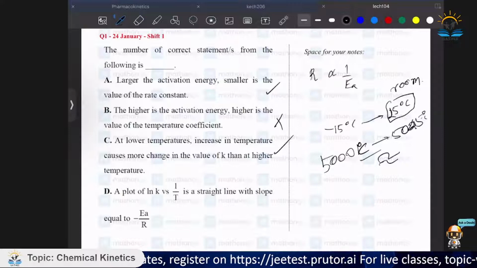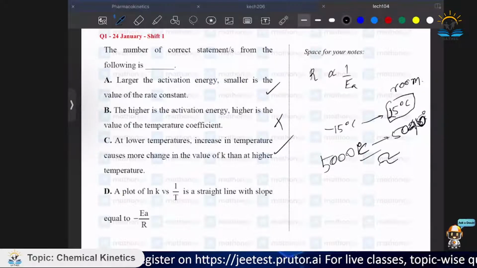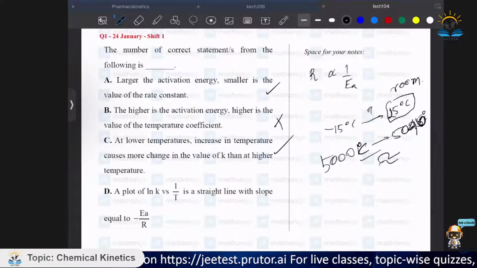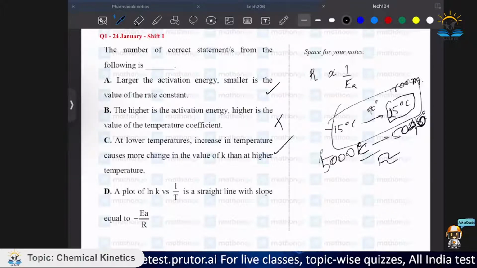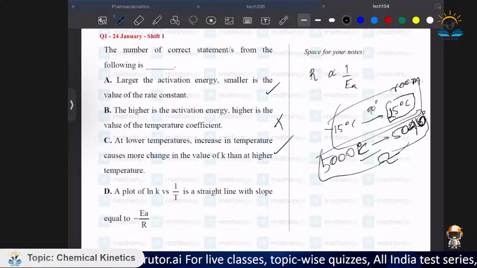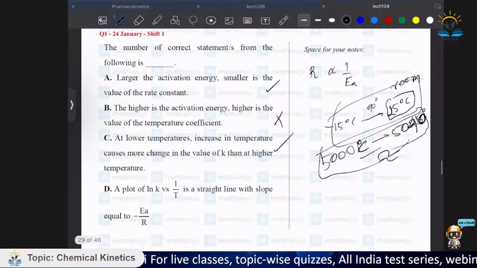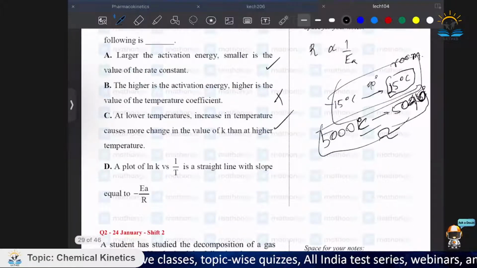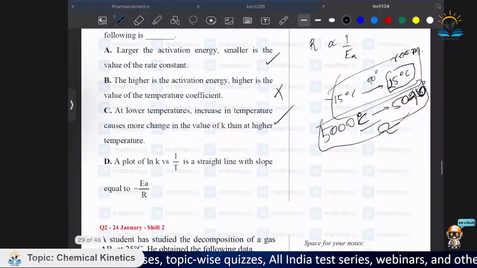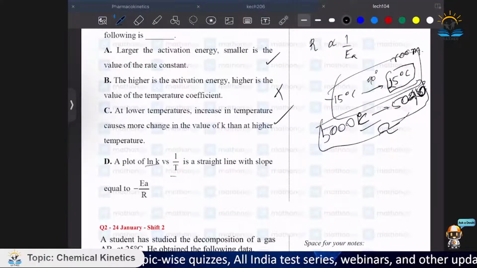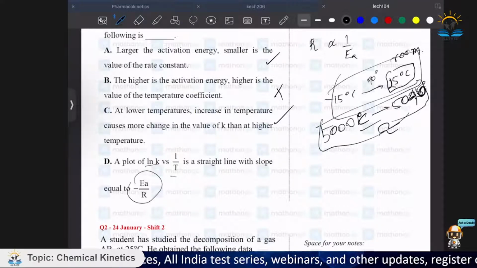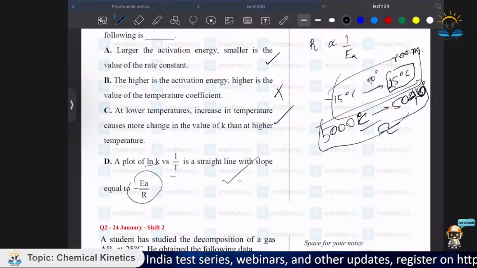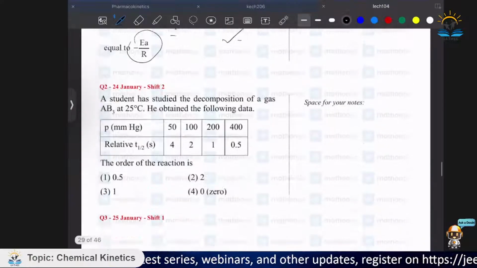Raise it by 40, 5040, doesn't matter. Whereas in the earlier case, increasing by 40 degrees Celsius shows phenomenal growth. So this statement is absolutely correct. D says a plot of ln k versus 1 by T is a straight line with slope equal to minus Ea by R. We just saw it. So yeah, three of them are correct.